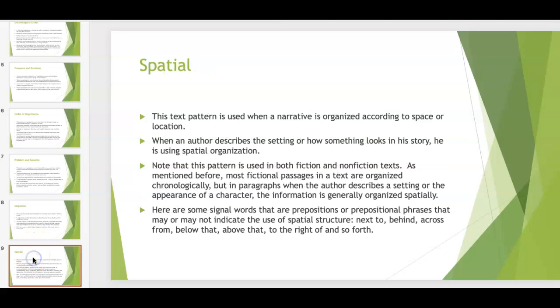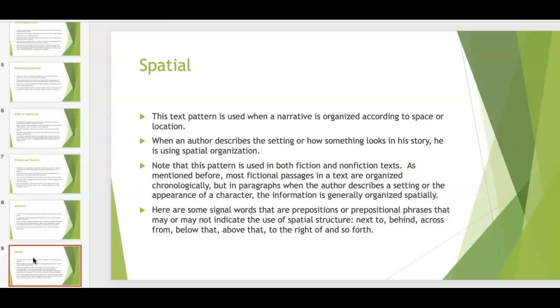And the last but not least we'll talk about is the spatial text structure. This is when a narrative is organized according to space or location. In other words, this is a way of describing the setting, the place or space that's occupied by the drama that's going on. This is what you call spatial organization.